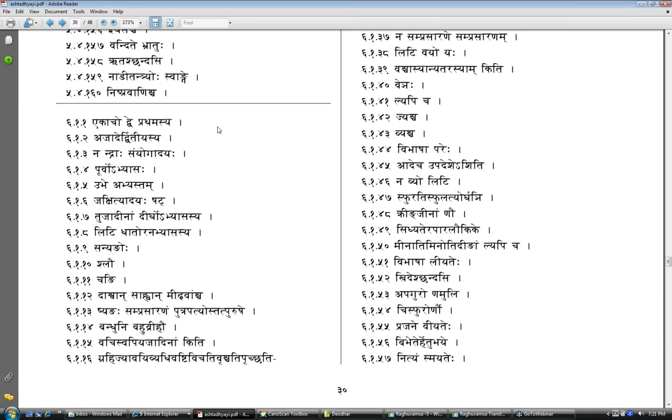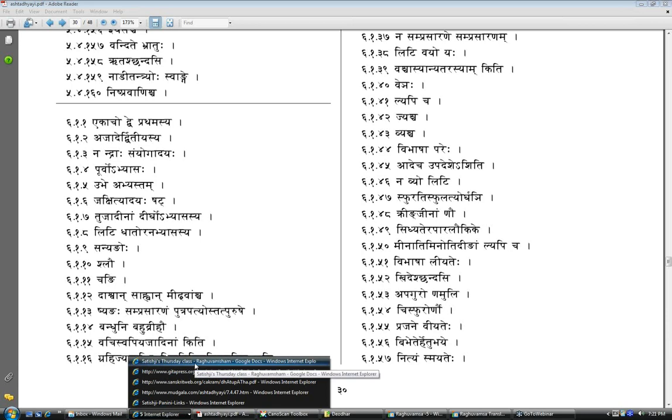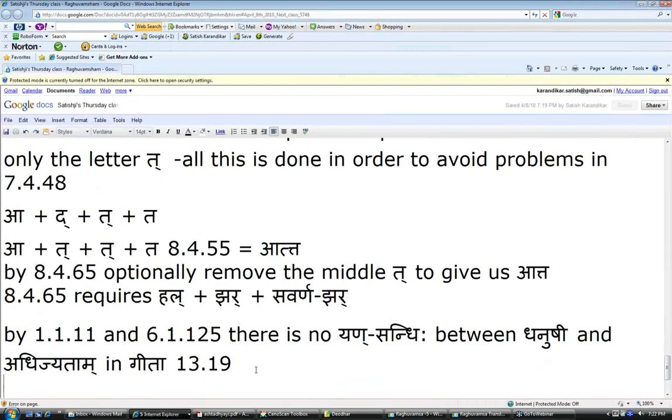Below that are 6.1.8, 9, 10, 11. Only four rules. When is abhyasa required in this language? 6.1.8 to 11 tells you when to do abhyasa.